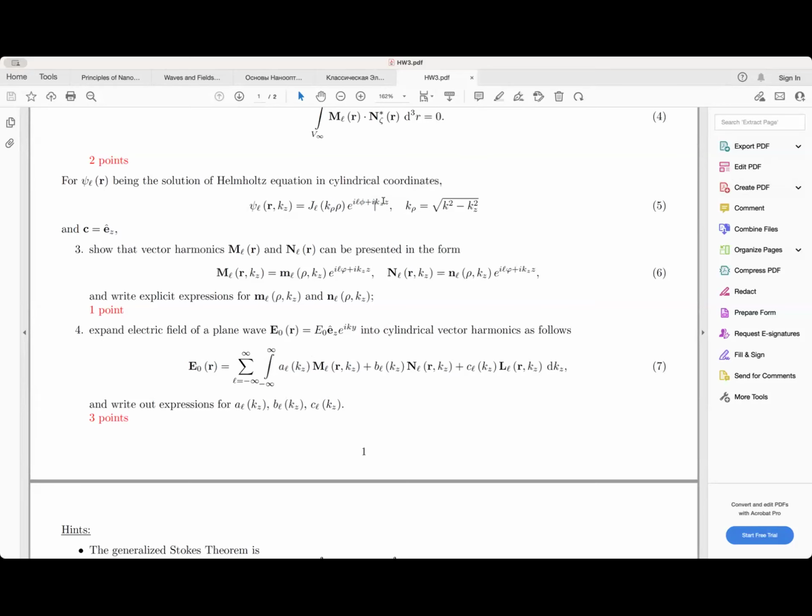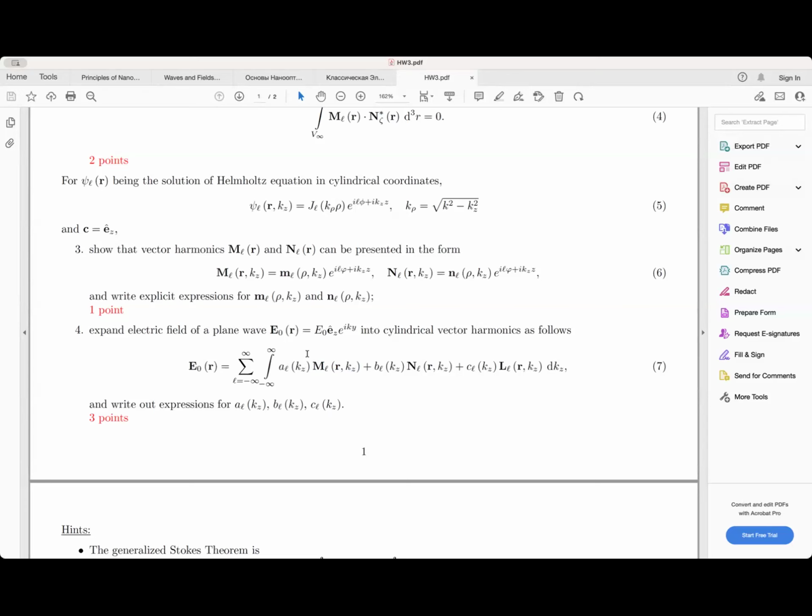Но при этом у нас останется экспонента i kz z, умноженная на экспоненту i kz штрих z. И чтобы от этого избавиться, нам нужно интегрировать еще и по kz. Вот как-то так.